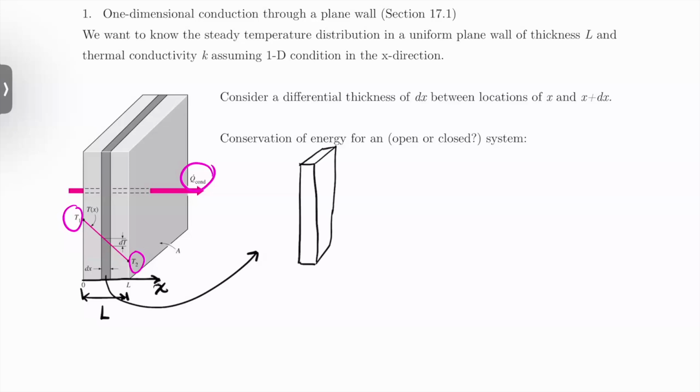All right, so here we have x and then x plus dx. And then this face right here is A. And we have on this side q dot x. And over here is q dot x plus dx.